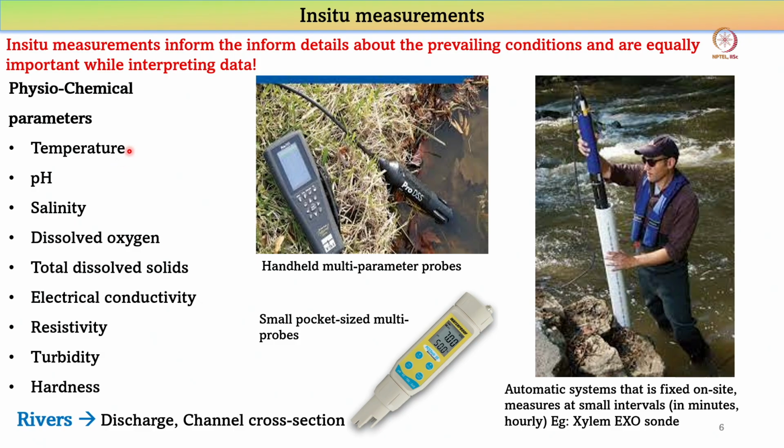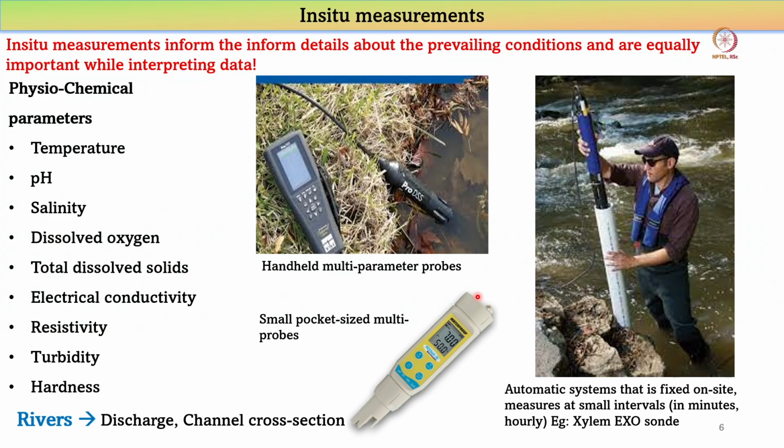Say you are recording temperature, electrical conductivity, and turbidity at a particular interval, maybe 30 minutes apart. So every 30 minutes you'll have a temperature record, the EC being recorded, and the turbidity being recorded. So these are automatic data loggers. They are fixed on the bank, and you are taking continuous measurements. So this is a different nature.